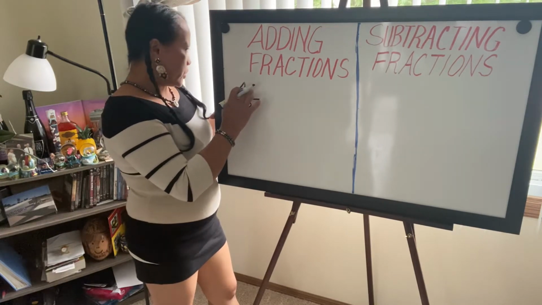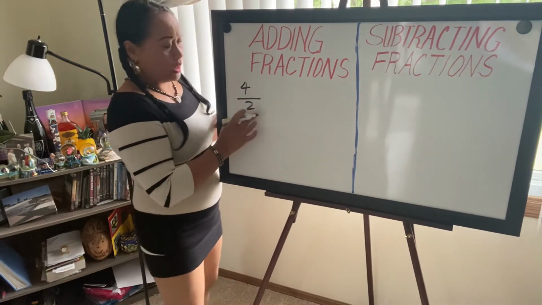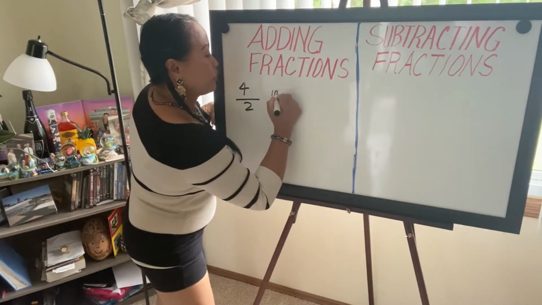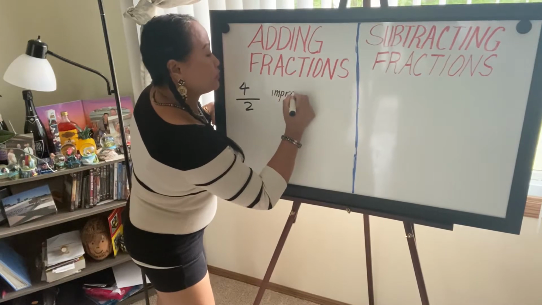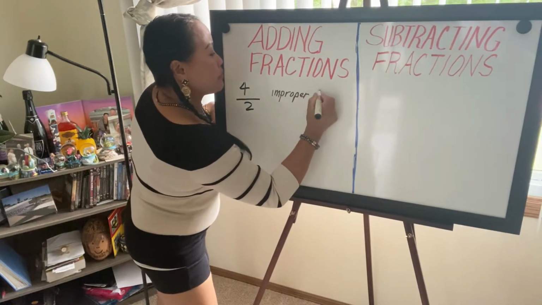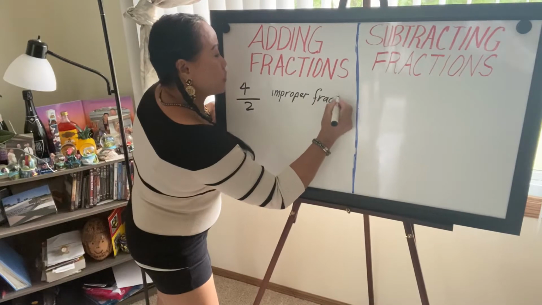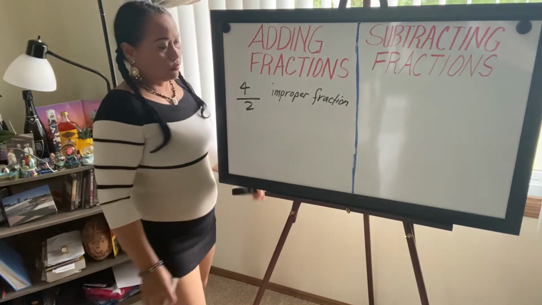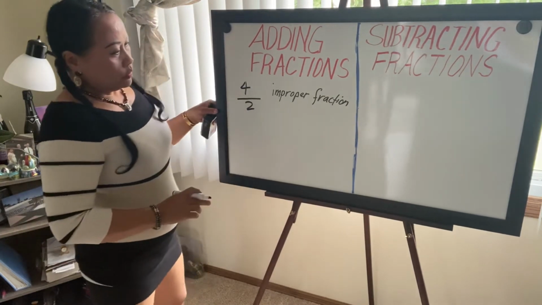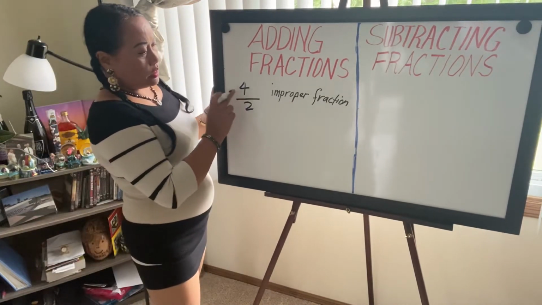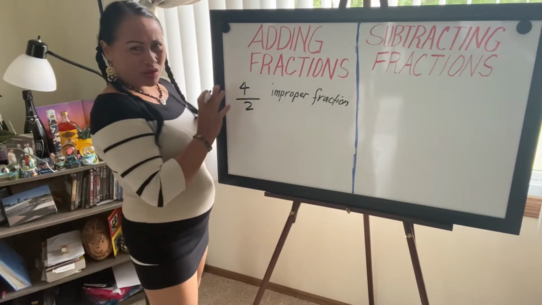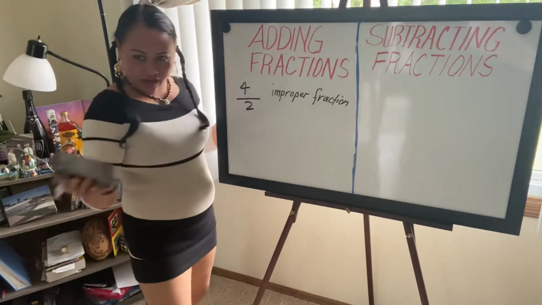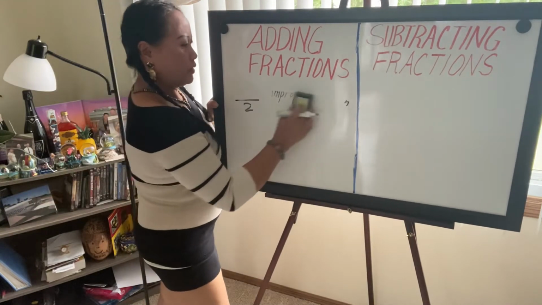This is called improper fraction. Okay? So this means that you have to divide. You know, fraction, you have to divide. Okay? Now another, did you get it? Okay, good.